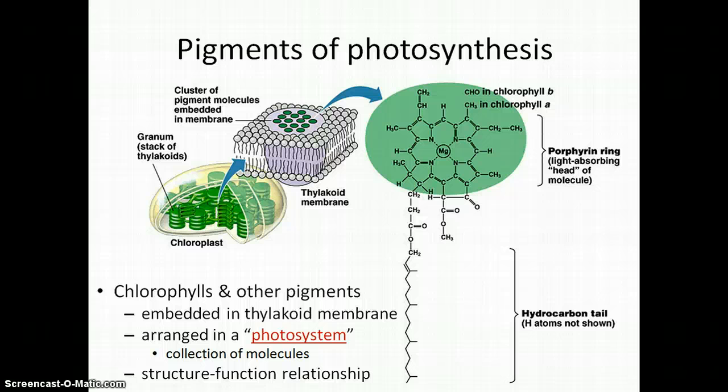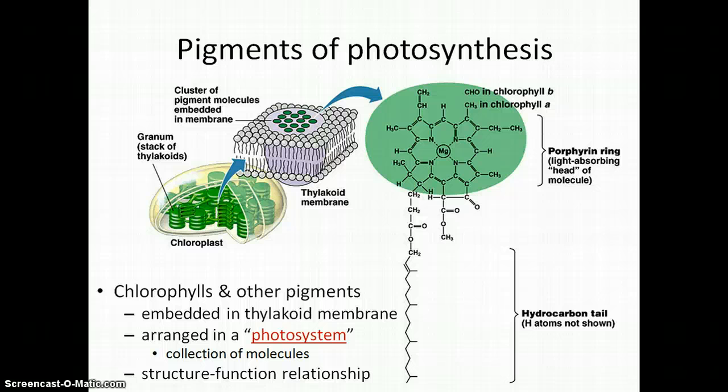So we have a few different types of pigments in leaves. We have chlorophyll A and chlorophyll B. We also have things called carotenoids and alkaloids, which are things that also act as pigments in photosynthesis. These different pigments are embedded in the thylakoid membrane, and together they make up what we call the photosystem.